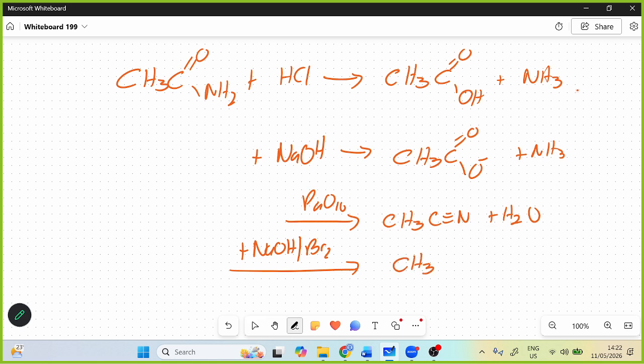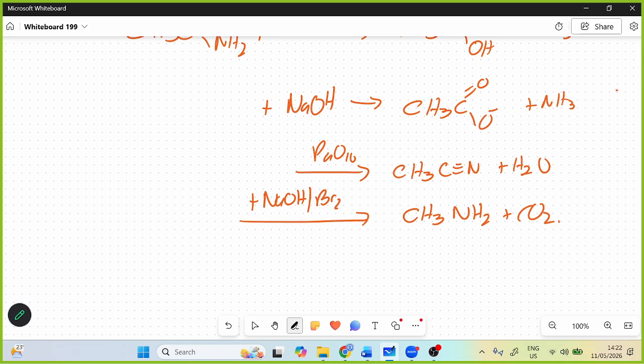So here you will lose CO2. And ethanamide with LiAlH4. This is a reduction, and you'll form the amine. So the last two reactions are both reactions to form amines. But one is a reaction to actually remove a carbon. You decrease the carbon chain. The other one is a reaction during which you are reducing the amide to an amine.